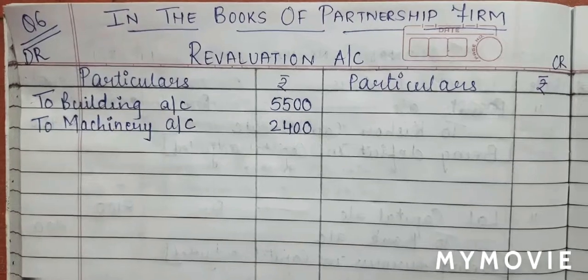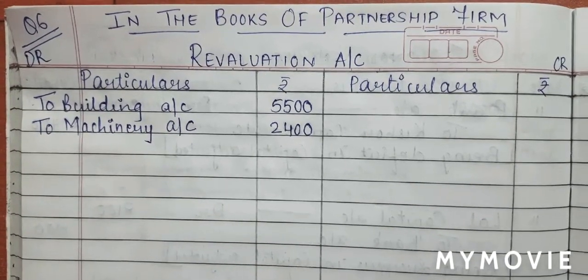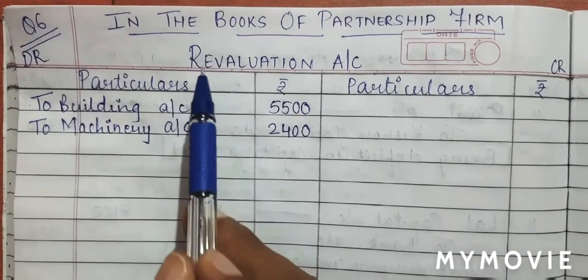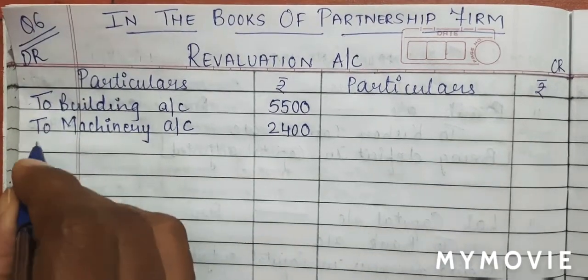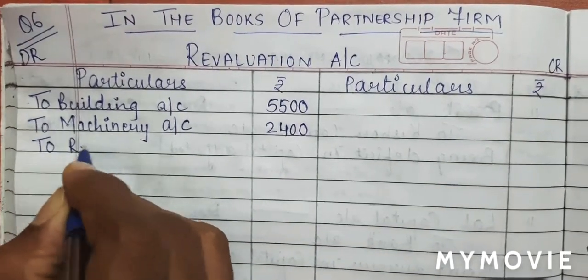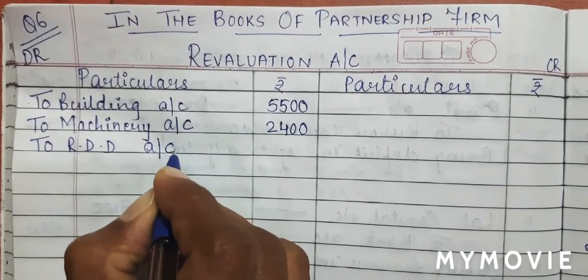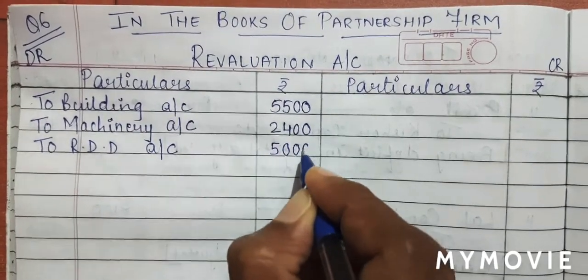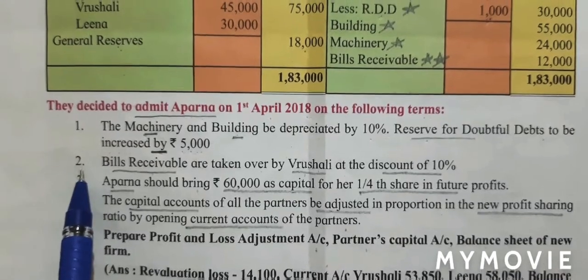Now since the value of our RDD has increased, which means it is an expense for our business, we will be writing it on revaluation account debit side. So I'll write to RDD account, and we have increased it by 5,000. So we had a further expense of rupees 5,000. Adjustment number 2.